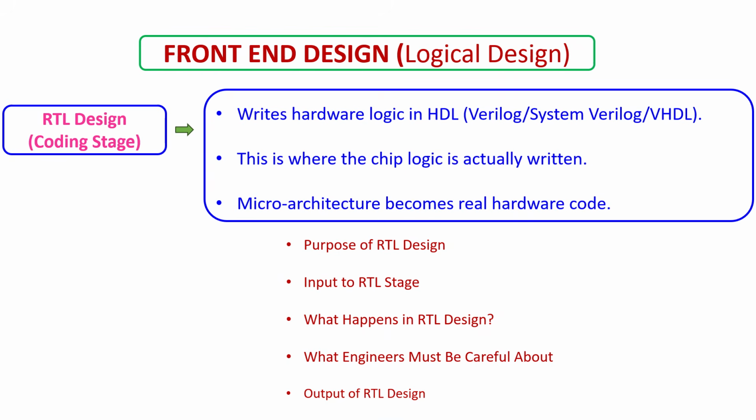What are the outputs of this RTL design? The output we get from this RTL design is the RTL file, either .v or .sv, and the basic constraint file .sdc. These files are then moved to the simulation and verification stage.